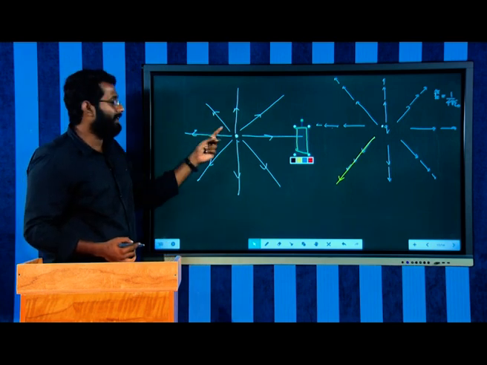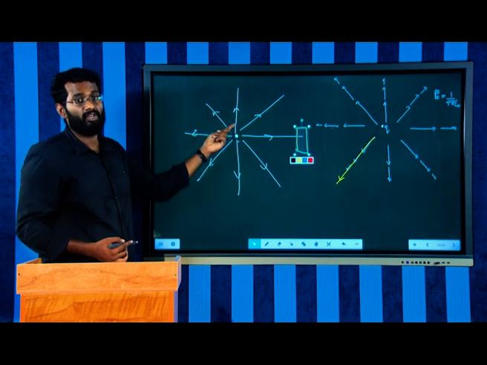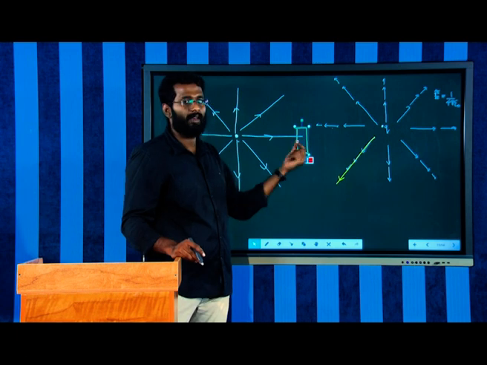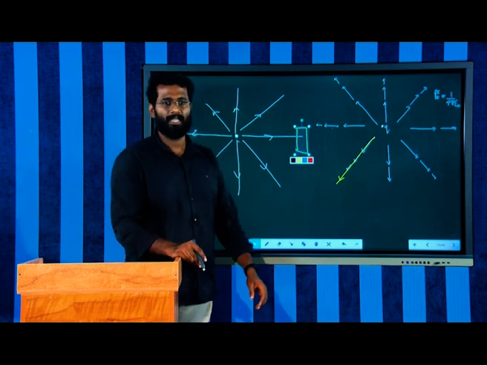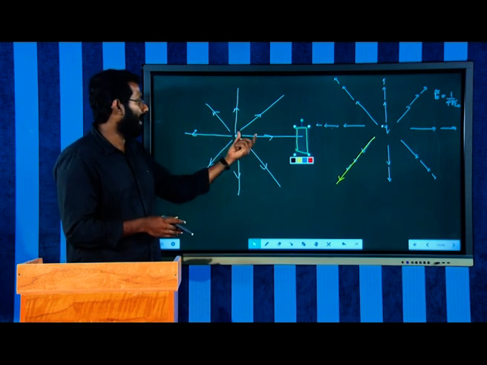That means when 3 lines are passing through the same area, the intensity at that area is higher than at the point where only 1 line passes through that area. That is how we are keeping the data about the intensity.